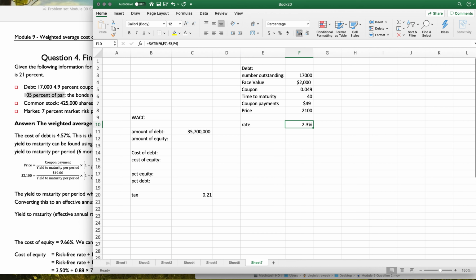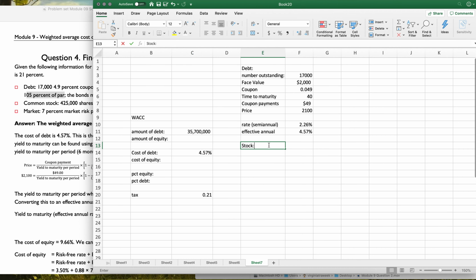Now this is the semi-annual rate. We need the effective annual rate. So to do that, we'll do 1 plus this number, squared, minus 1, because there are 2 compounding periods in the year. This is going to be our cost of debt.